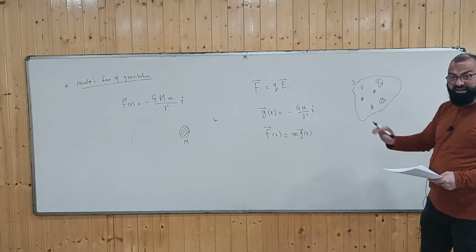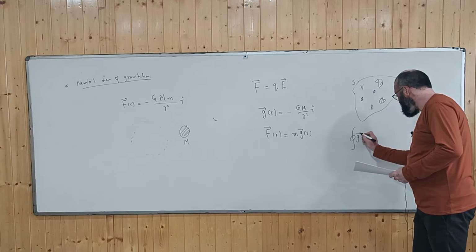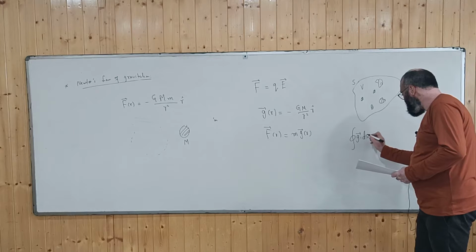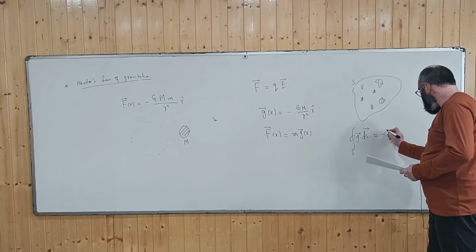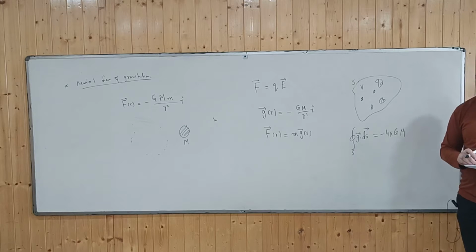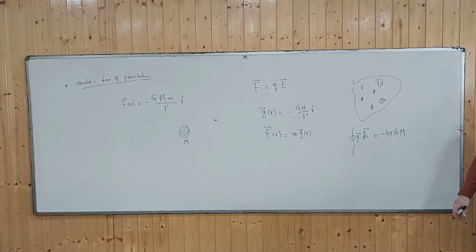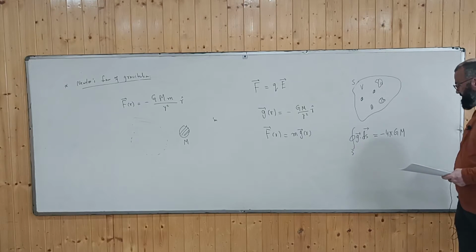You can rewrite this law as the integration over the closed surface of the gravitational field dot dS, which is simply equal to minus 4 pi G times M, where M is the total mass enclosed in this volume, enclosed by this surface. So it is the same as the Gauss law. You have already done these things in your lower classes. I'm just repeating them because they will be useful.